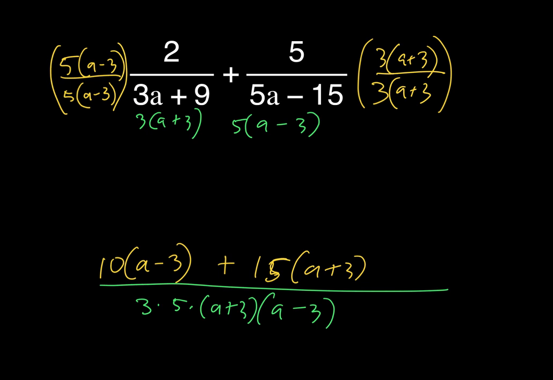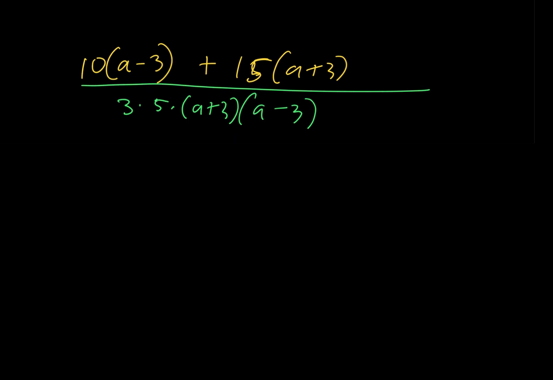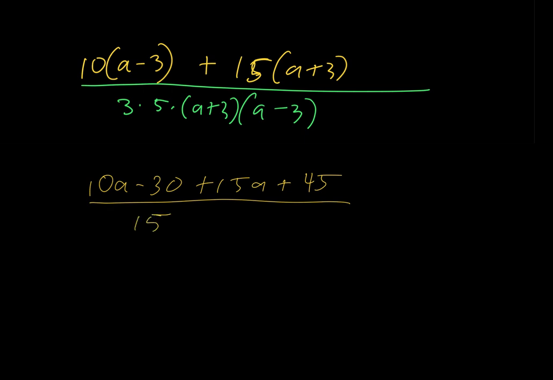So I took the liberty of multiplying the numbers first. (10a minus 30) plus 15a plus 45 all over, I went ahead and did the multiplying there, 3 times 5, 15 times a plus 3, a minus 3.